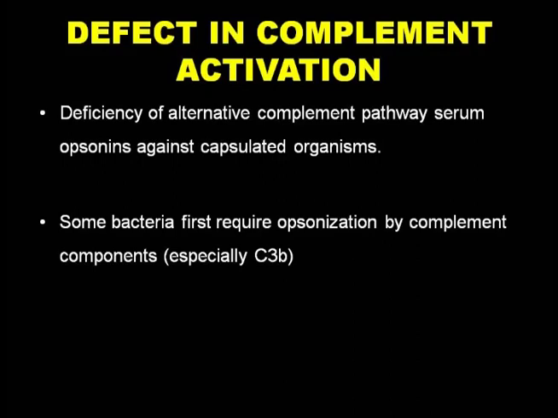Because these children have a defect in their complement pathway, the alternative pathway, they don't produce those complement components, the factor B and the C3, to coat the microorganisms. So they cannot be killed off effectively, so they get overwhelming sepsis.